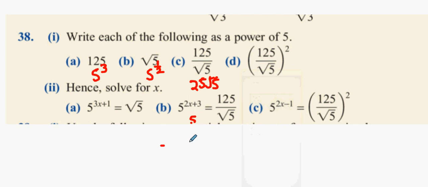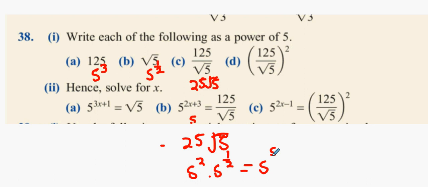Now, what's 25 in 5s? 5 squared. What's root 5 in 5s? And what's 2 plus a half? 2.5, which is 5 over 2. That was pretty easy, wasn't it?